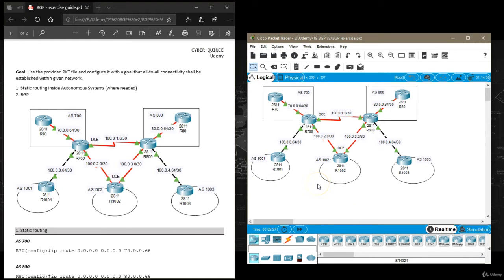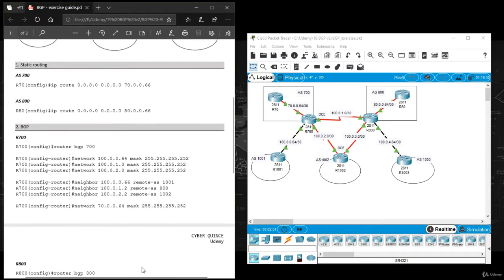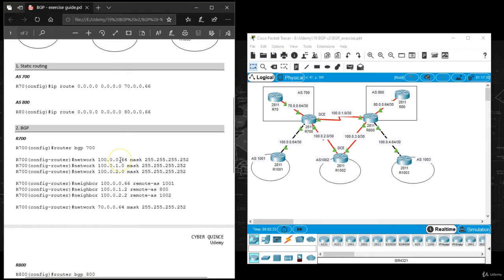Next, we want to configure BGP. Let's look at all the commands we'll use first. On router 700, we want to start the BGP process by using the command router bgp and then state the autonomous system number. In this case, that's 700. Then we want to list all of the external networks connected to that router.